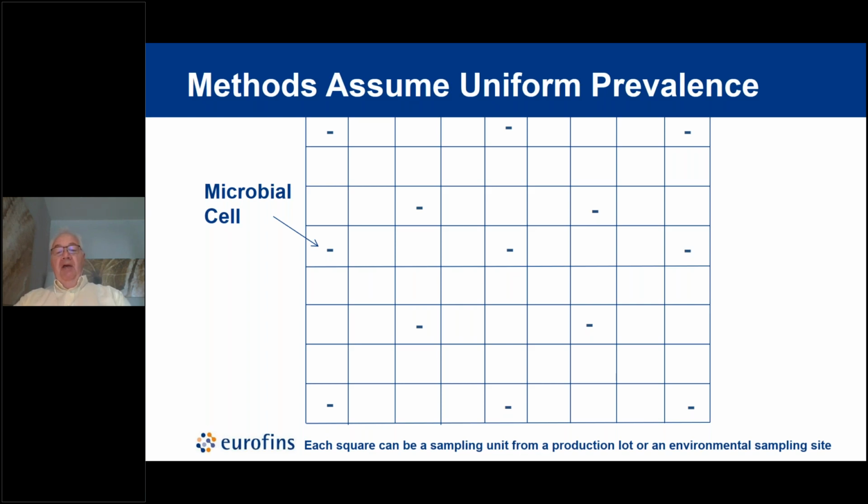So here we would have a production lot that is grossly contaminated, but the odds of you pulling a sample and discovering that that sample actually has the pathogen is quite low, even though we've got gross levels of contamination. This square also could be, the large square could also be your production footprint of your facility, and then each smaller square could be where you would be collecting your environmental samples when you're doing your routine investigation.